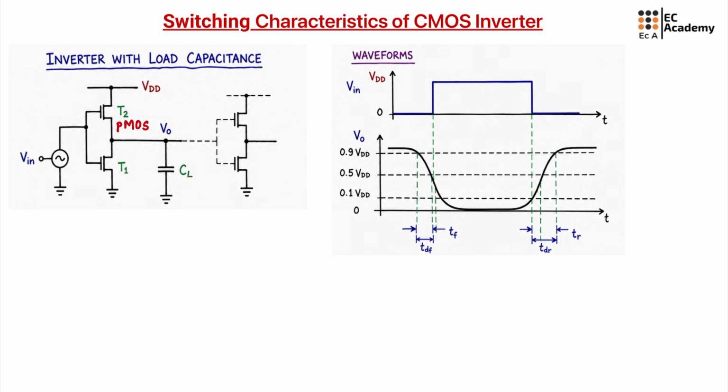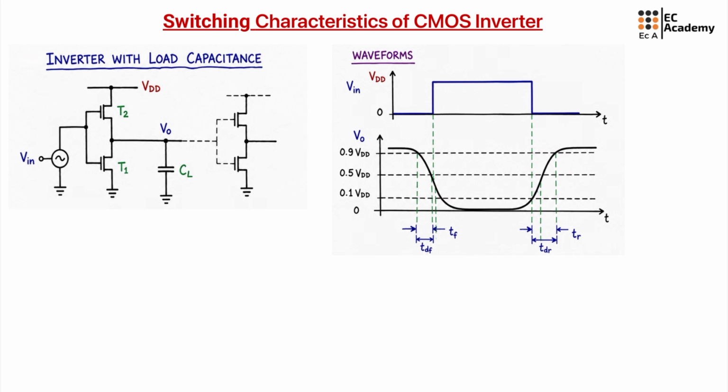You can observe that the input is changing instantaneously from low to high and high to low, but the output does not change instantaneously. As you can see, it is taking some time to move from high to low and from low to high. So the output takes some time to fall and it also takes some time to rise. So why does the output take some time to fall and rise?